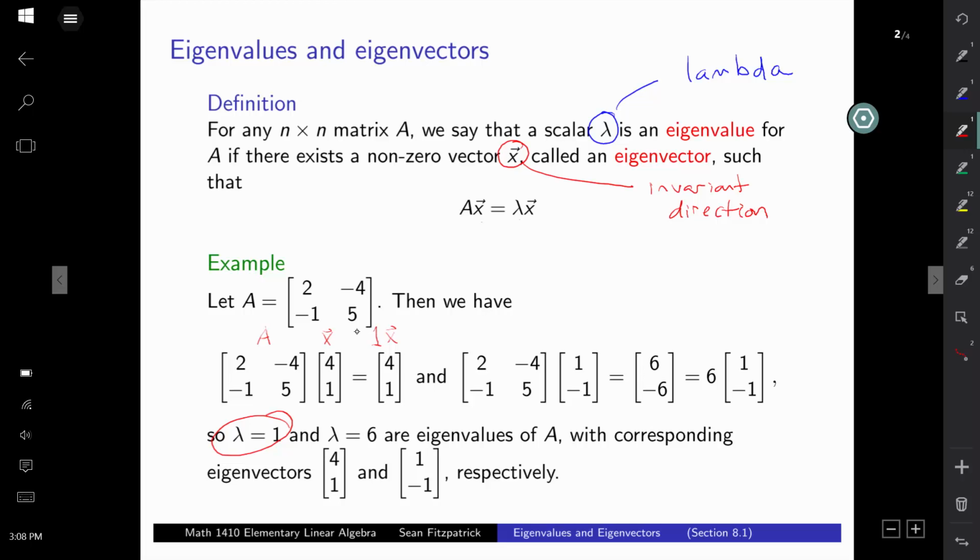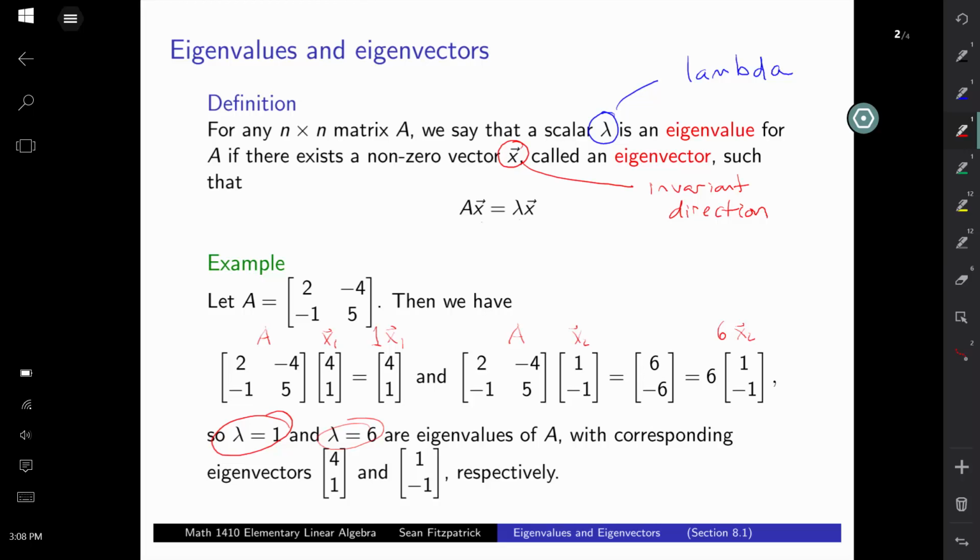Call this one x1, and here's my x2. So if I do A times x2, I get this, and we notice that it is 6 times x2. So the result is still parallel to what we put in, but this time there's a scale factor of 6. So that's my other eigenvalue, lambda equals 6. And we have the eigenvectors that go along with them, (4, 1) and (1, -1). So (4, 1) is an eigenvector corresponding to lambda equals 1. (1, -1) is an eigenvector corresponding to lambda equals 6.